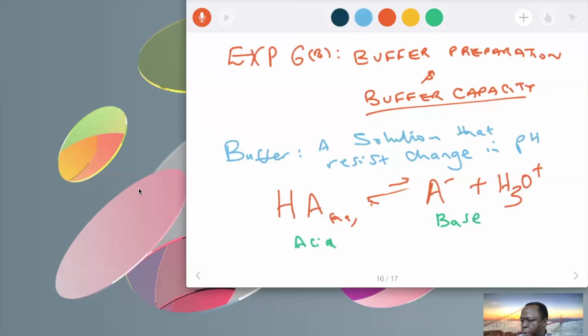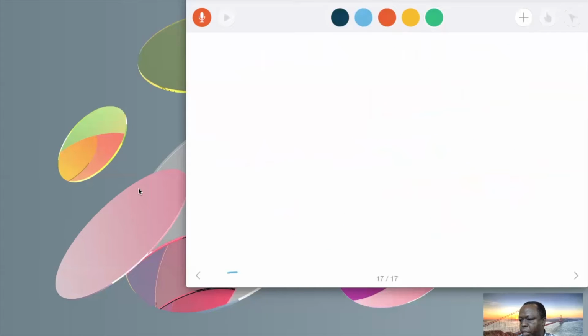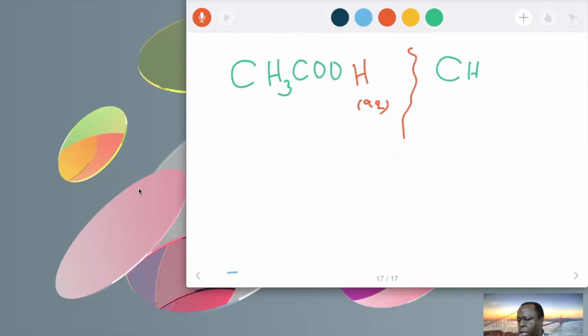So for a weak acid such as acetic acid, CH3COOH, this is what we call the acetic hydrogen. If we remove the acetic hydrogen, we end up with CH3COO negative.